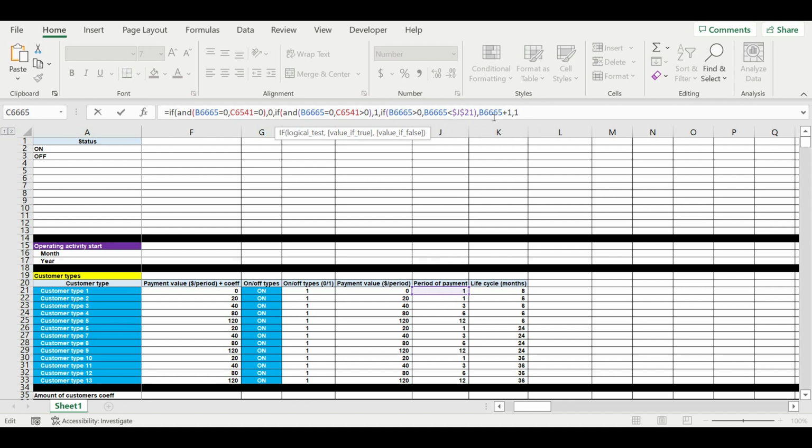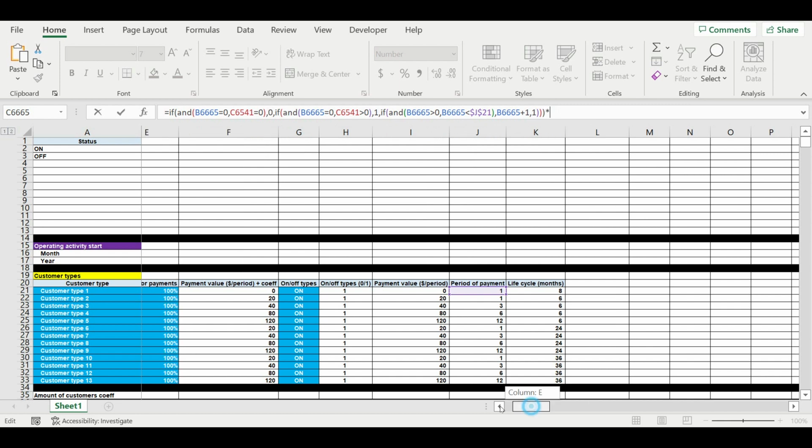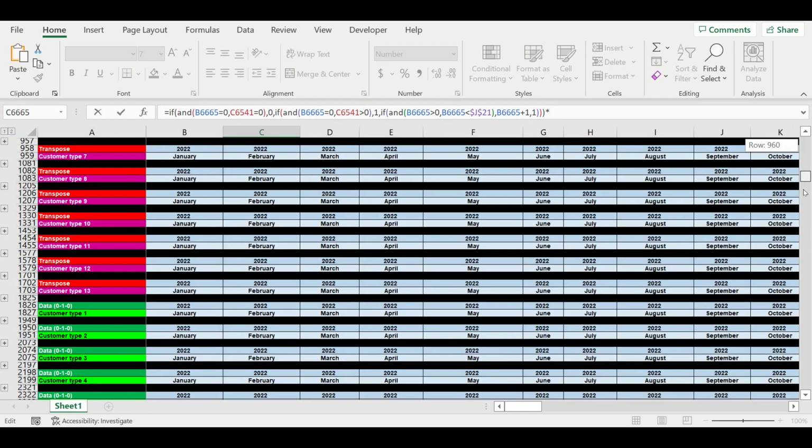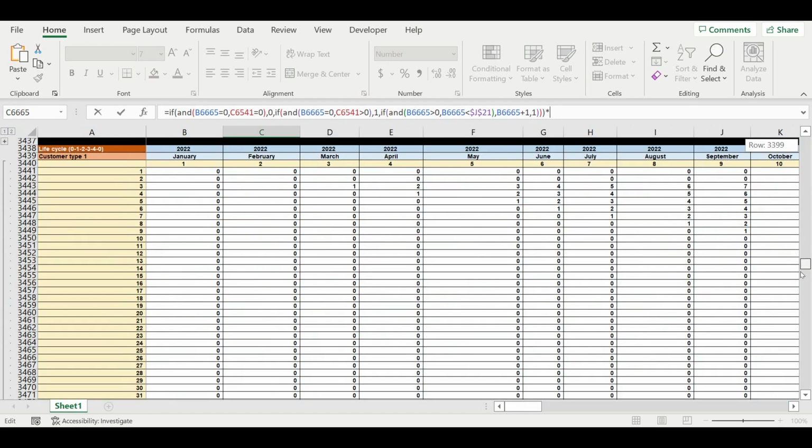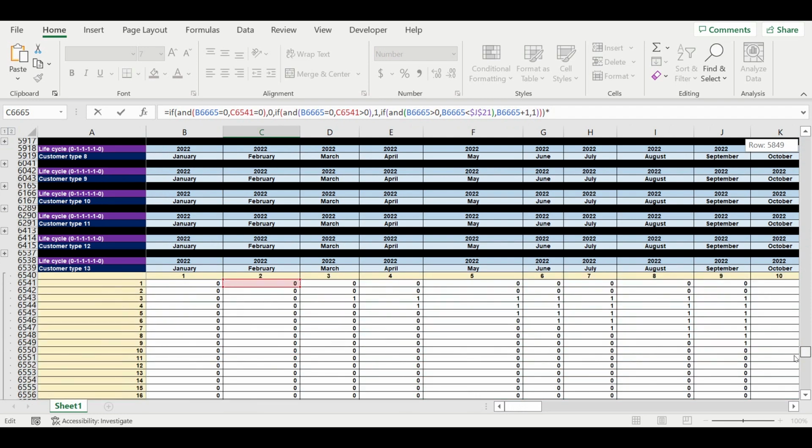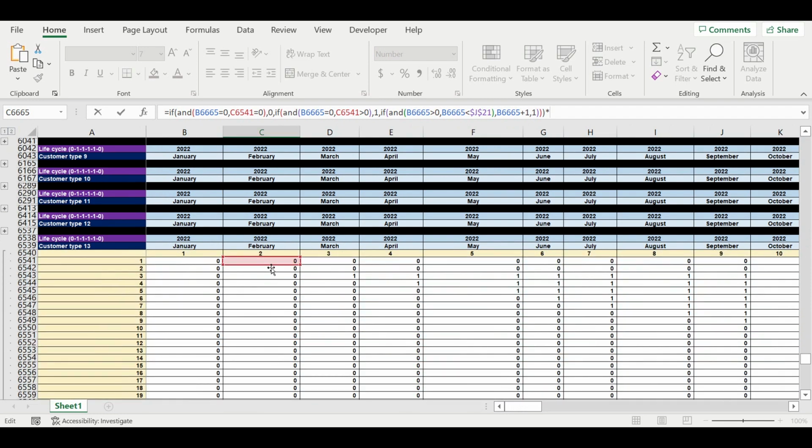Then we close brackets, and the third bracket is here, and then we multiply by this value, whether there is a life cycle or not.